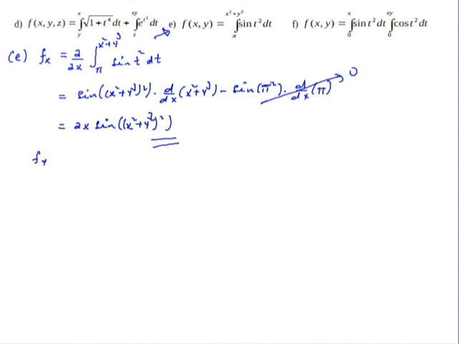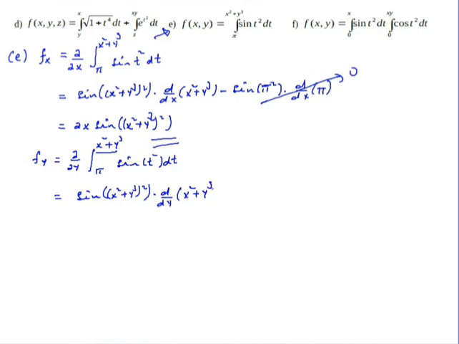And fy is the partial derivative of the function with respect to y. So what happens here? We first substitute the upper limit in place of t. Sine of x square plus y cube the whole square times the derivative with respect to y is what we use here.